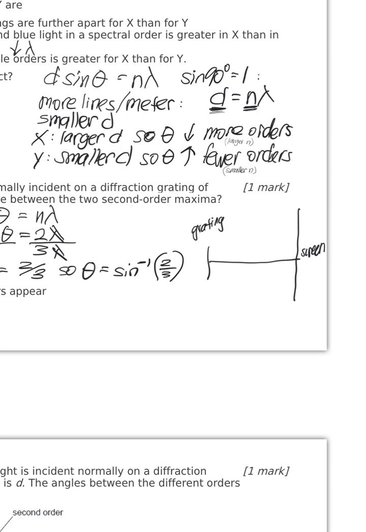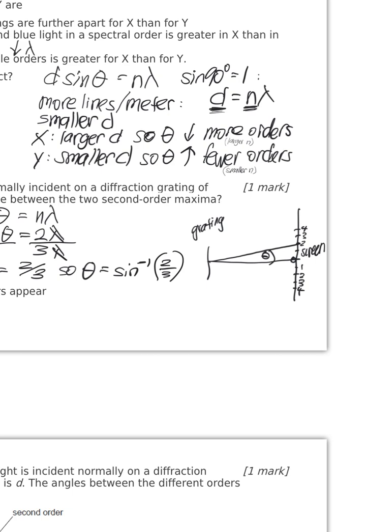We have the central maximum, 0, and then we have 1, 2, 3, 4, etc., and then one on the other side, 1, 2, 3, 4, these other maxima: first order, second order, third order, fourth order, etc. And so theta, in this case that we just solved for, to the second order maximum is this angle right here. But it says, what is the angle between the two second order maxima?